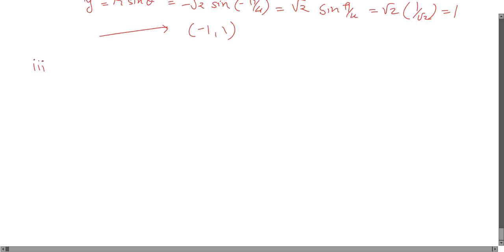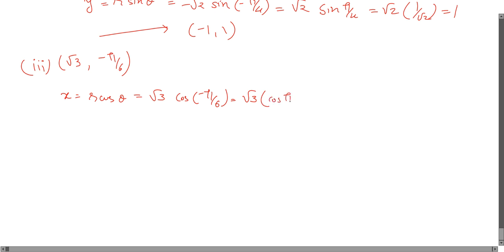Okay. So the Cartesian coordinates of the given point are (minus 1, 1). Let's take the third problem from the similar question, that is (root 3, minus pi by 6) given in polar and you have to convert to Cartesian. So x is equal to r cos theta, that is root 3 cos of minus pi by 6. Cos is an even function, so it will be root 3 cos pi by 6, and cos pi by 6 is root 3 by 2, so root 3 times root 3 by 2 is 3 by 2.